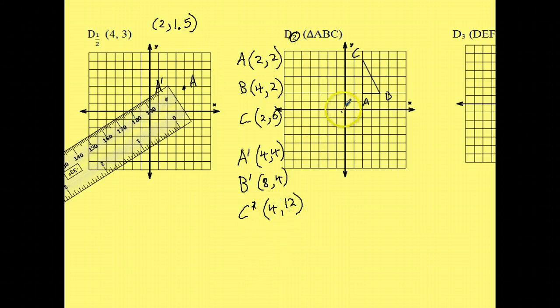Okay. All right, so this is going to be tricky to graph, especially the 12, but we'll do what we can. A prime is (4, 4). Here's A prime.